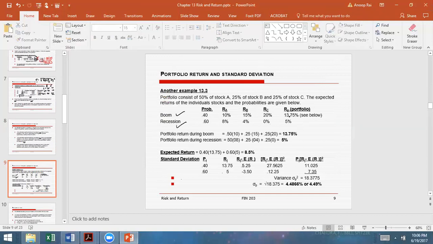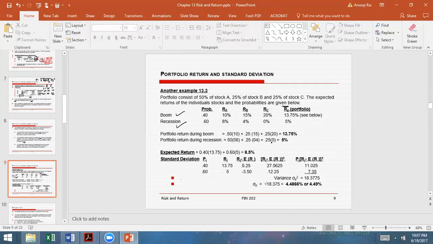First, let's find the mean. So the mean of the portfolio is as follows. 50% of it will earn 10, 25% of it will earn 15, 25% of it will earn 20. So the mean is going to be 13.75 if there is a boom. On the other hand, if there's a recession, this stock will earn 8%, so it'll be 50% of 8. This stock is 4, 25% of 4.